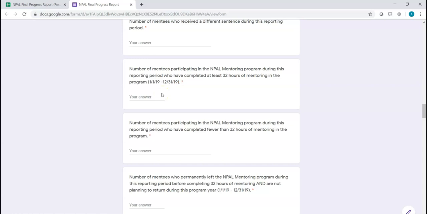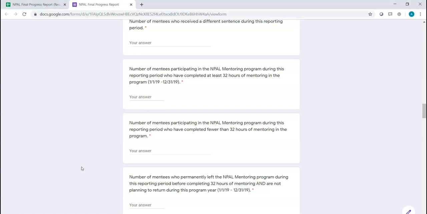So any youth included in this response need to have participated in your mentoring program during this reporting period, so since July 1st, but have also completed 32 hours. For most folks that have been in your program for some time, they're going to have met this threshold unless they more recently joined the program for whatever reason.